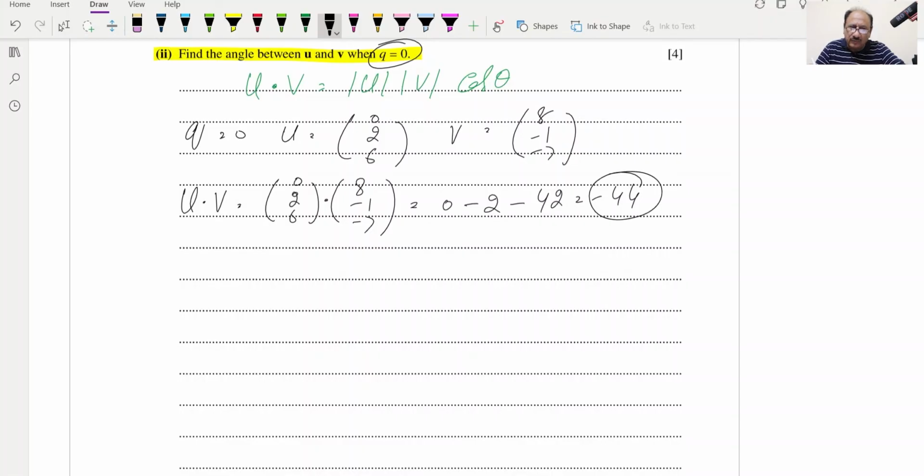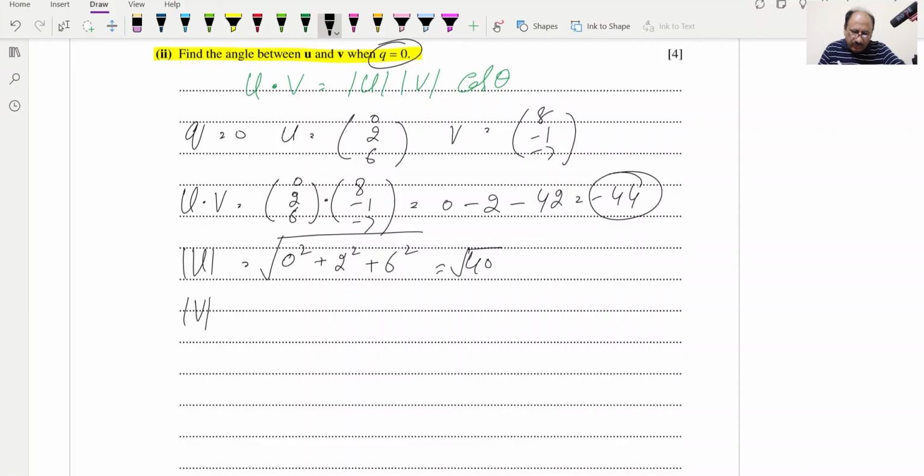This is u dot v. Now we can find u magnitude. U magnitude will be the square root of 0 squared plus 2 squared plus 6 squared, which is 4 plus 36, so it will be square root of 40.